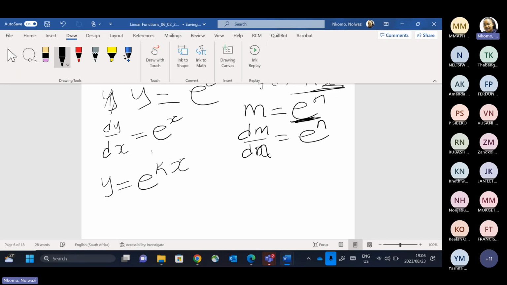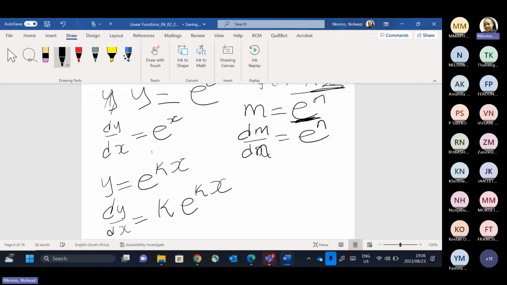Here k is the constant, meaning the derivative would be dy over dx equals k e to the power kx, because it's the constant times that function itself.